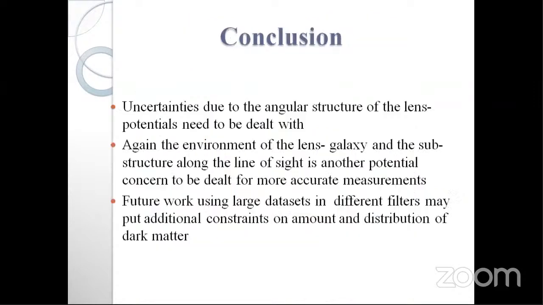So in future work, I hope to work with large data sets and try probing dark matter through other methods so that we can put constraints on the distribution of dark matter.